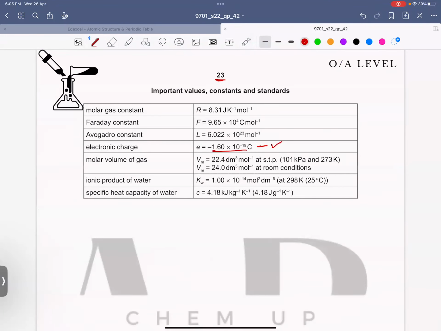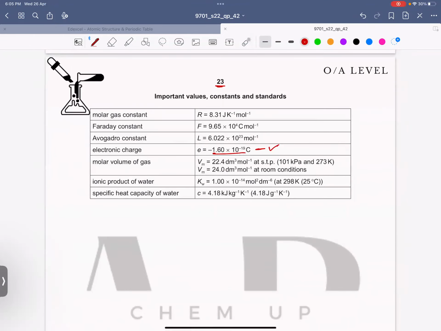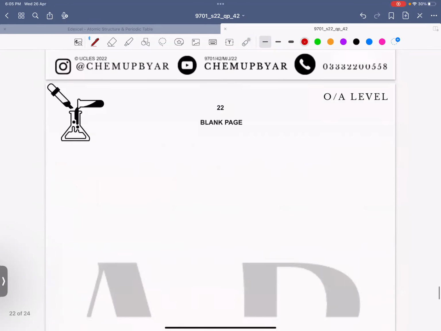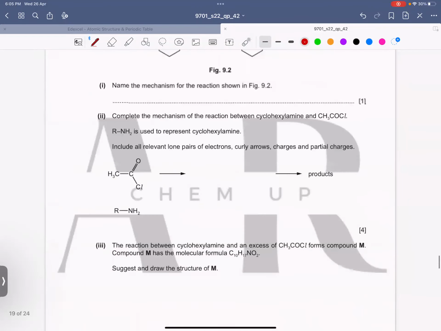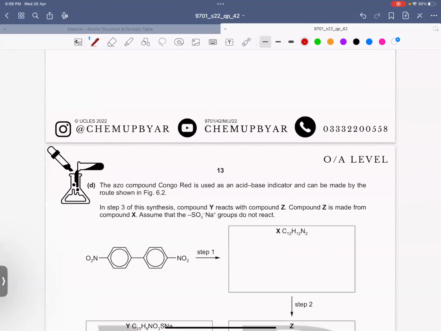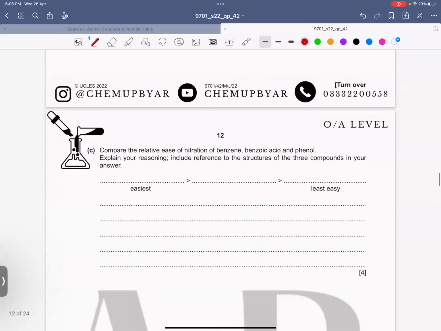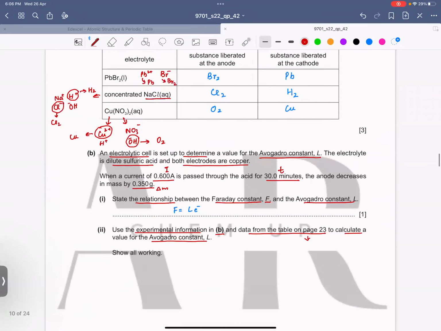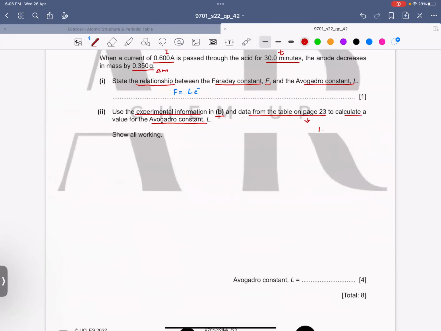The charge of one electron is 1.60 × 10^-19 coulomb.